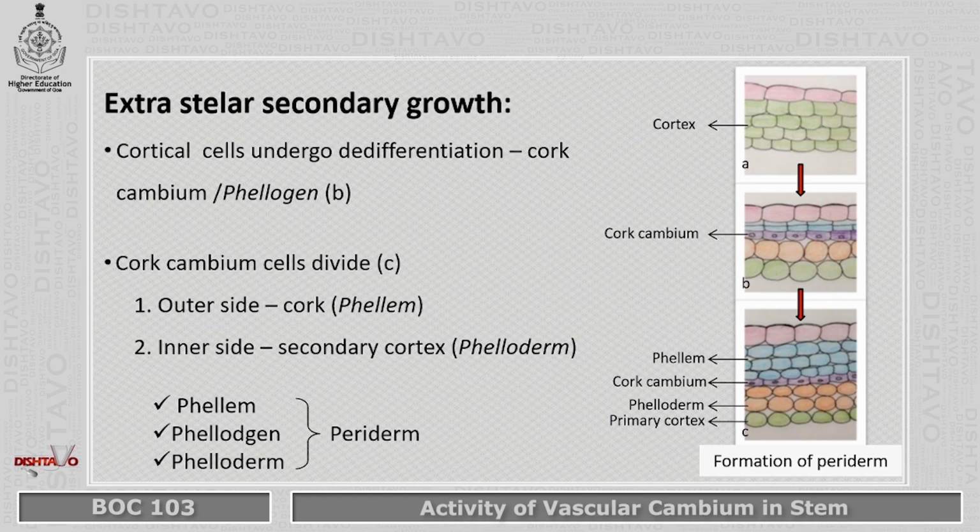During the course of growth, the cells of the outer layer, that is phellem, get deposited with suberin, and as a result water cannot pass from the inner layers to the outer dermal layer, that is epidermis, and as a result the epidermis gets detached from the plant.